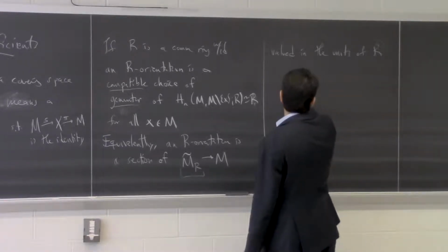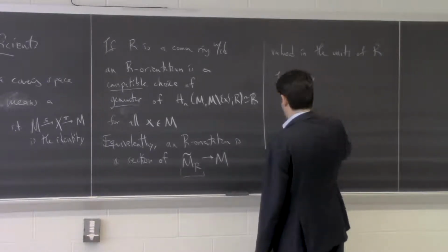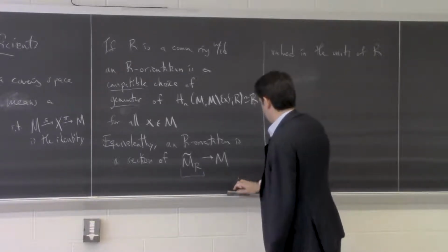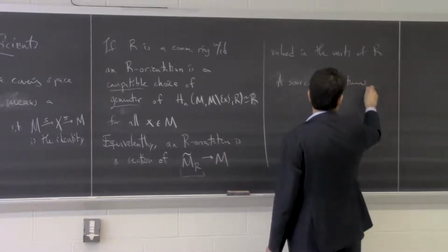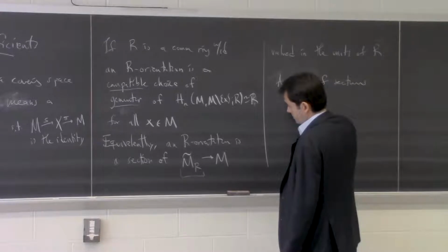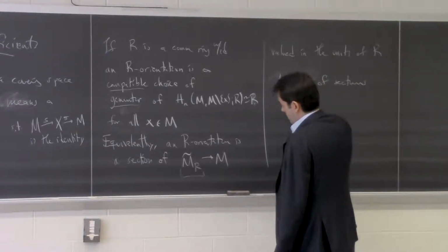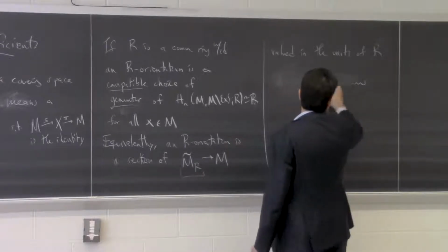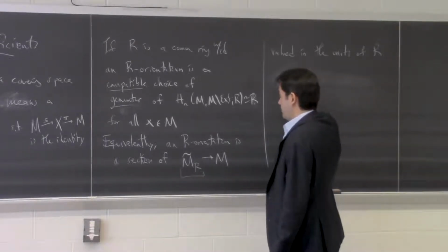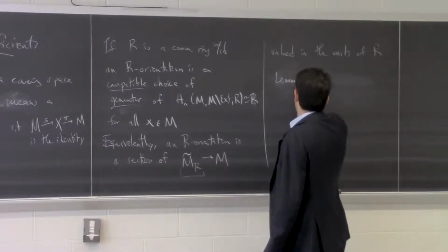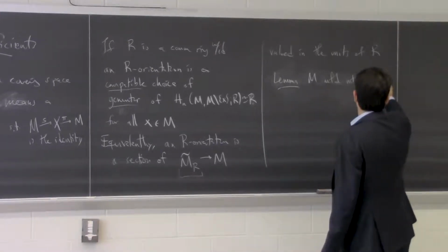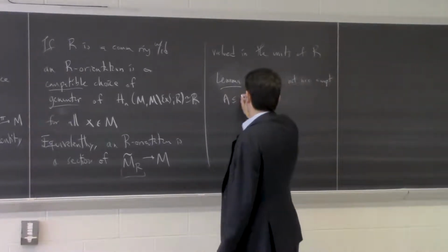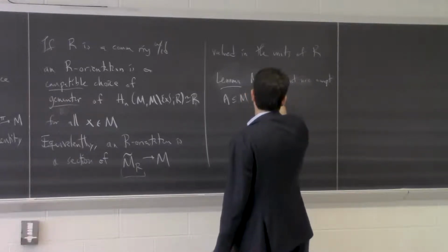So in particular, here's the lemma. M is a manifold, not necessarily compact. A in M is a compact subset.